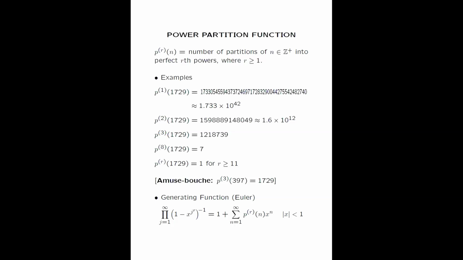It is the sum of 3 cubes. It is the smallest prime that is the sum of 3 cubes congruent to 3 mod 4. It is a difference of 2 cubes. It is 12 cubed minus 11 cubed.